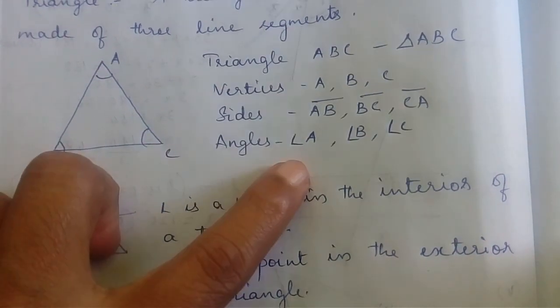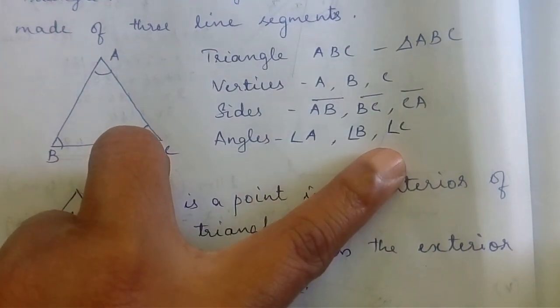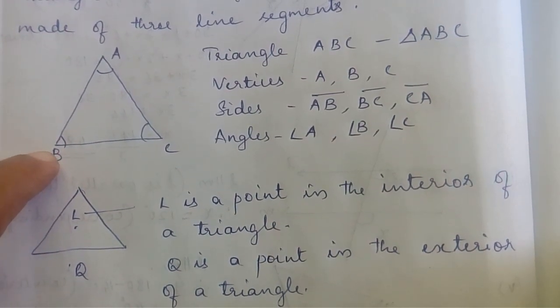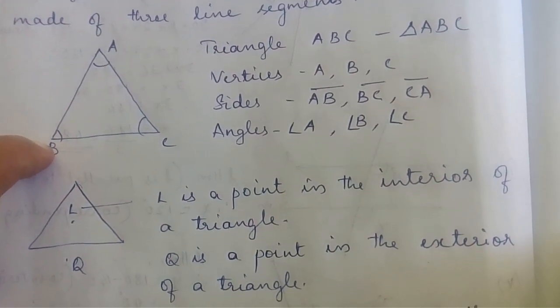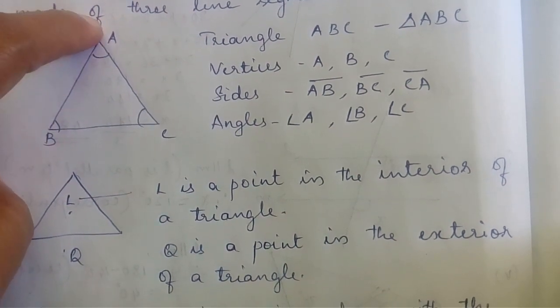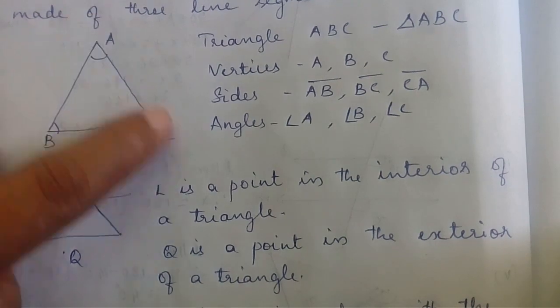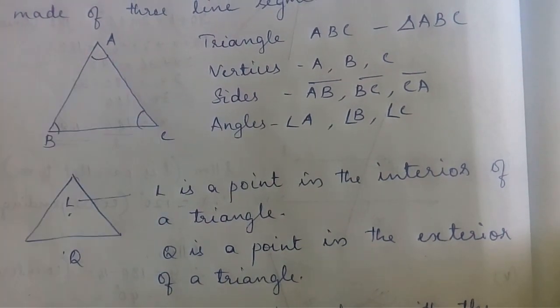That's why we wrote angle A, angle B, angle C. We know how to name the angle. That is, we have to start from the end of a line segment to the common vertex and to the end of the other arm. Okay, BAC to denote angle A.